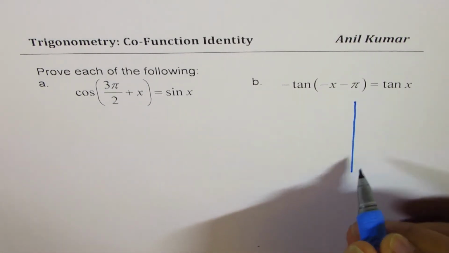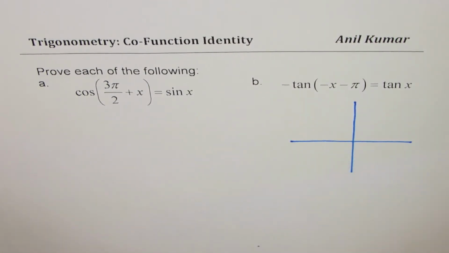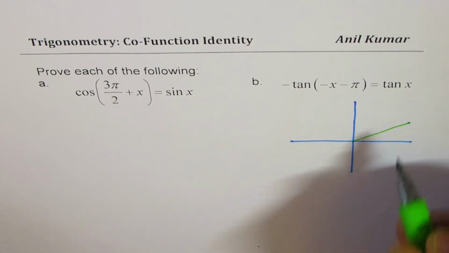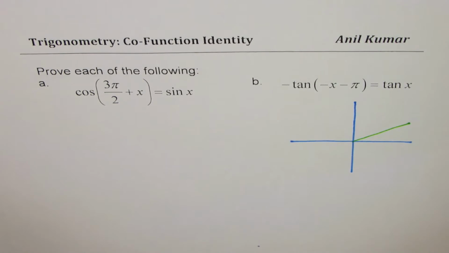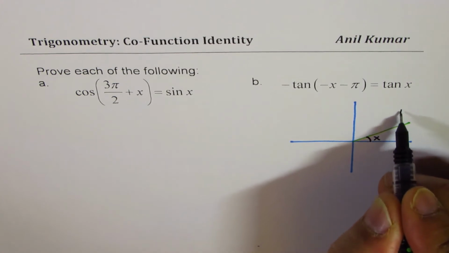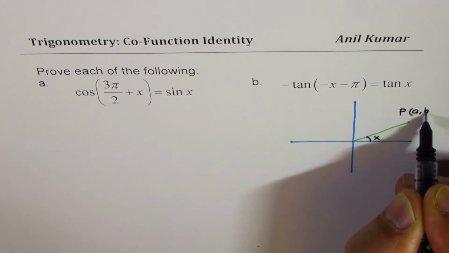Let me show you the situation first. We are going to compare with angle x in quadrant 1. Let us say there is a point P here, (A, B).